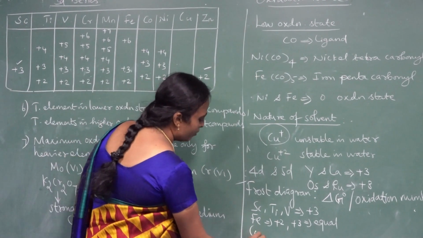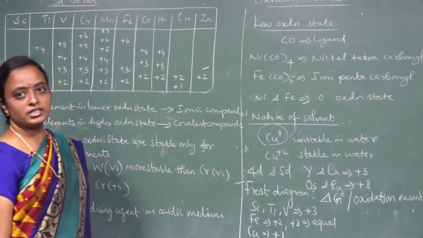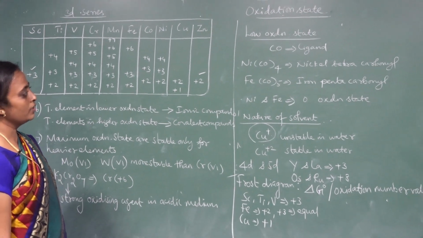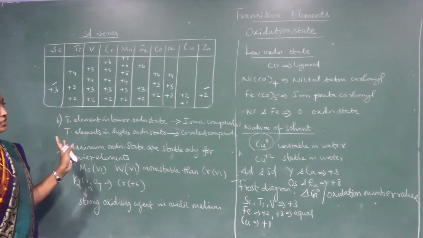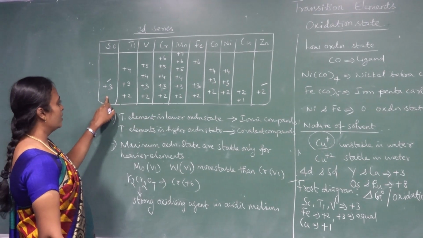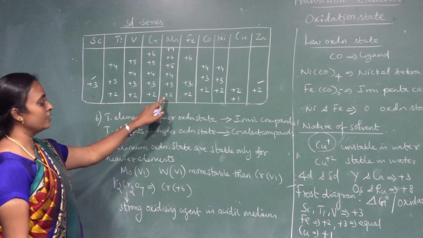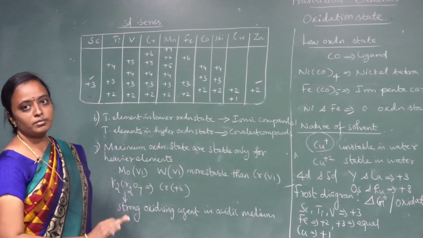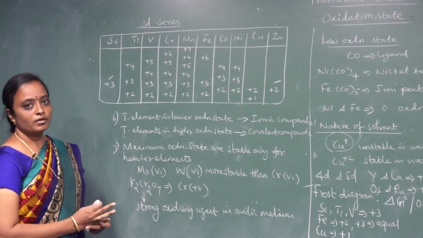But copper is thermodynamically more stable at only plus 1 oxidation state. Today we have discussed only the oxidation state of the 3d, 4d and 5d transition elements. Just keep one point: starting from the lower, the oxidation state gradually increases, in the middle it reaches the maximum value, and then finally it decreases to the minimum value, based on the number of d electrons available. Okay, thank you.